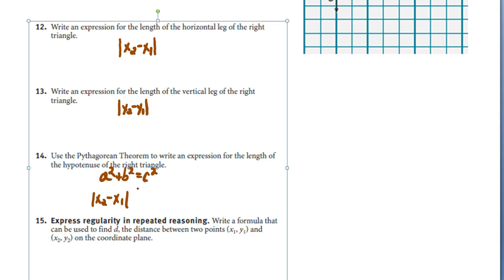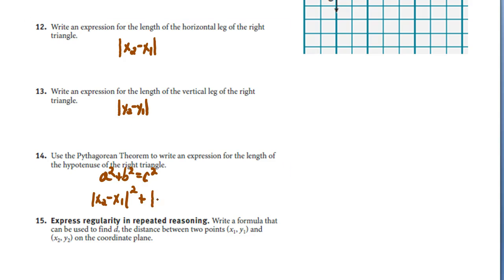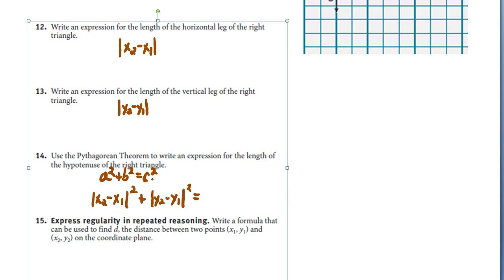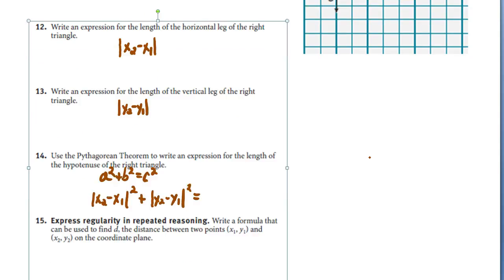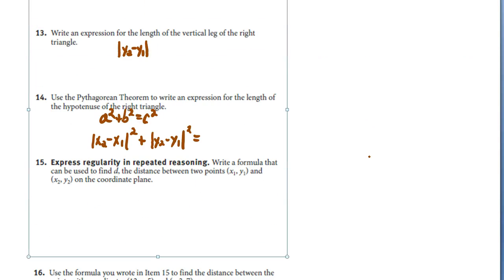That's what we're using for A. Square that. Now plus b squared. For B, let's use our vertical leg. So the absolute value of y2 minus y1, squared. And then the letter C is representing that diagonal side that we're trying to figure out, that distance. For right now, let's just leave that as the letter C. So there's number 14.